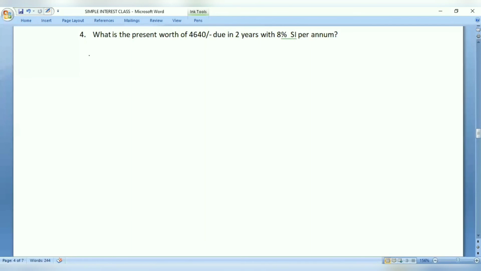Okay. Now let us solve this question. Let 2 years back, I'm just giving you for example, the principal is P, and this principal after 2 years, with some rate of interest, amounts to 4,640 rupees.